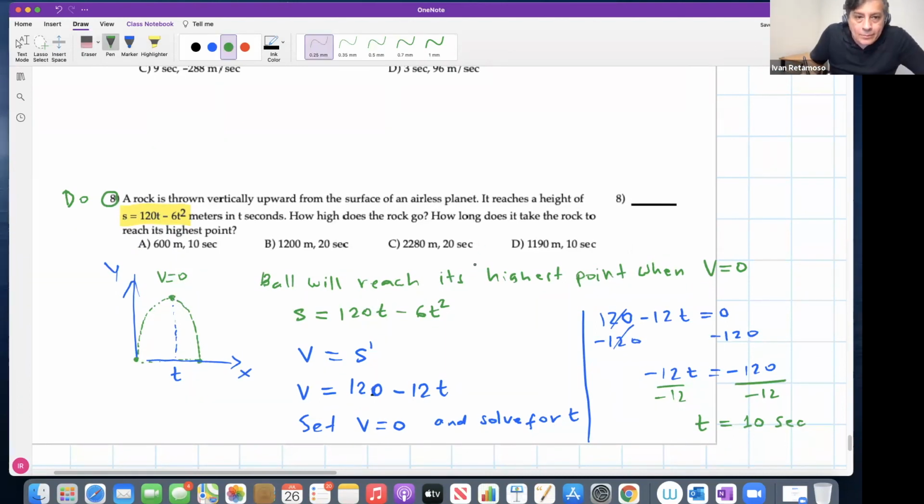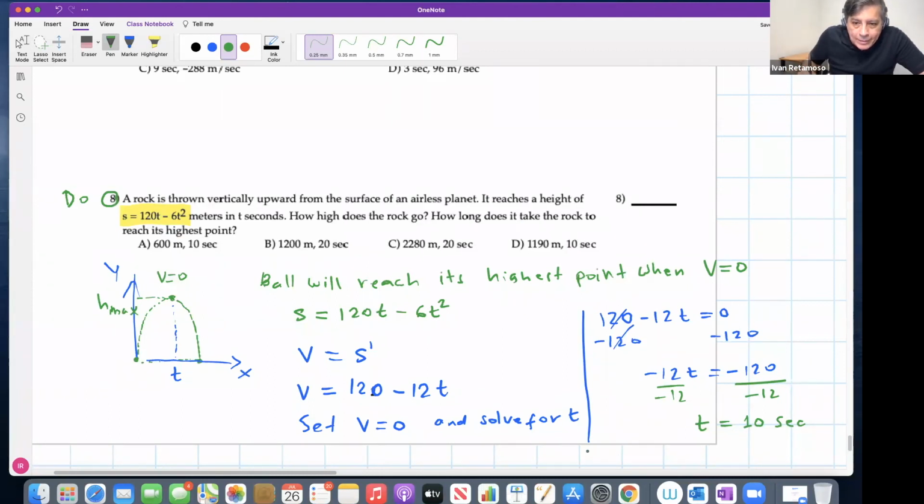Okay, that's one of the answers, but they also want the actual maximum height, right? H max, the maximum height. So the maximum height will be then the height associated to this time, right?